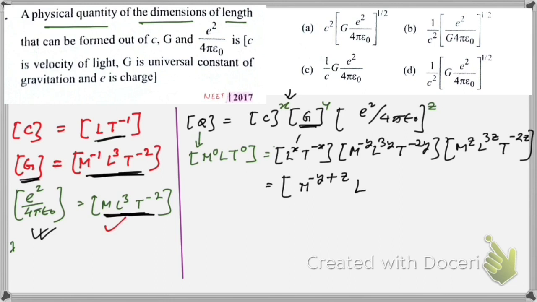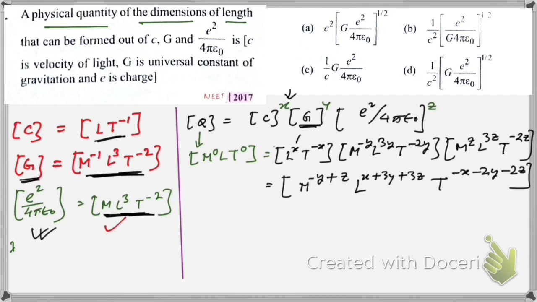Then L to the power x plus 3y plus 3z, then T to the power minus x minus twice y, then minus twice z. So this is the result we should get: T to the power minus x minus twice y minus twice z. That's what we have got, right? Hope you have understood this.